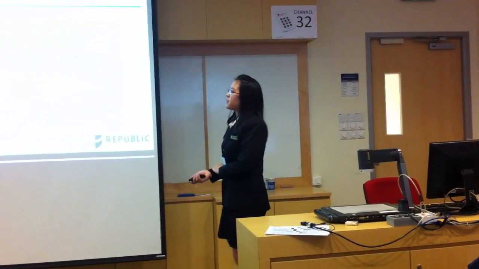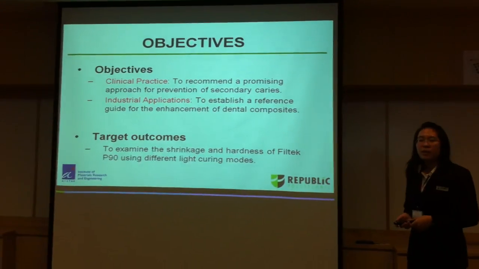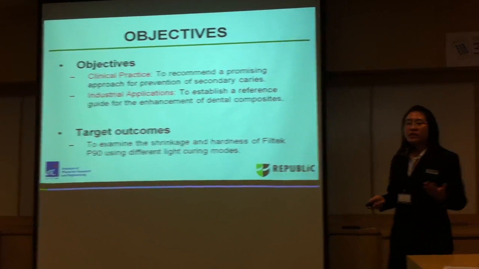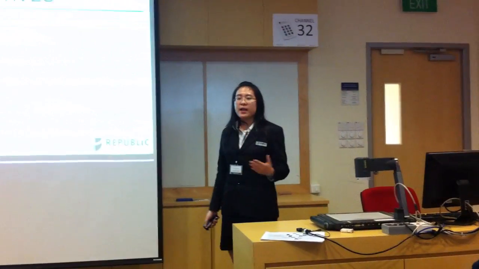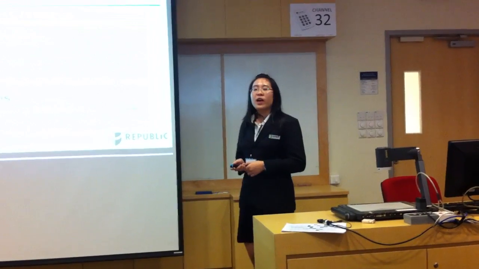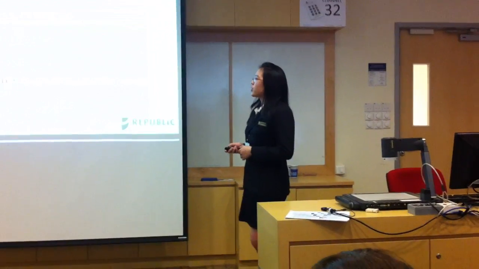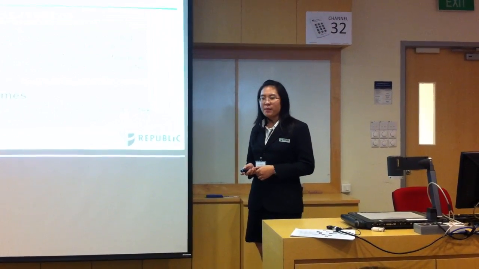So, the objective of our project in clinical practice is to recommend a promising approach for prevention of secondary caries. As polymerization shrinkage may lead to secondary caries, by minimizing the polymerization shrinkage, it will help to prevent secondary caries. For industrial applications, the objective is to establish a reference guide for the enhancement of dental composites.